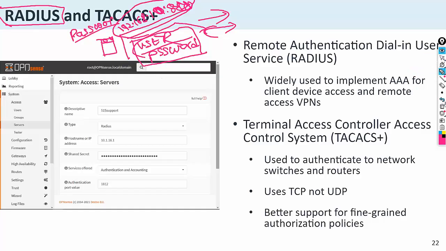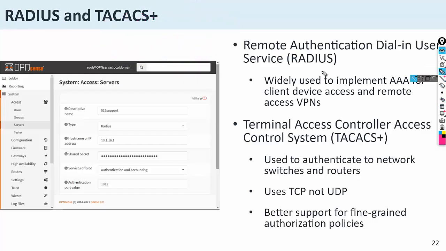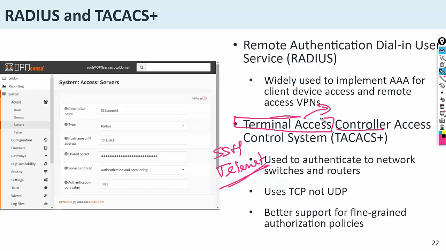Another is the Terminal Access Controller Access-Control System, the TACACS server. This server is generally used for access control of terminal access. What terminal will you access? By using SSH or Telnet. These services are used for accessing the terminal remotely on devices such as switches, routers, and other devices like firewalls.